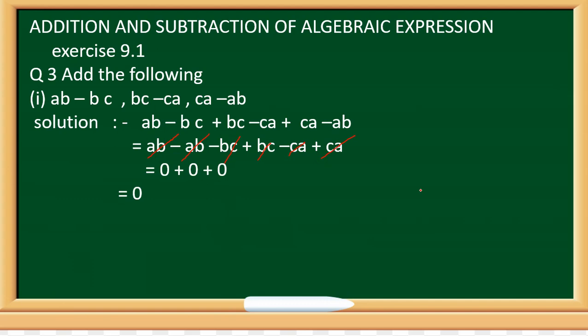Another way in which we can add the three binomials is to write the term AB minus BC. Now for the second binomial we write the like terms one after one, that is downside of the AB. If there is any like term in the second binomial, we write it after this AB. So like this we have to write BC and BC, both are like terms.